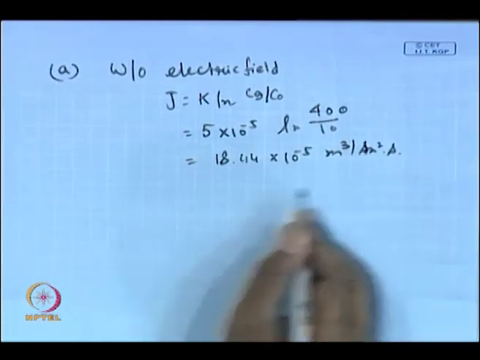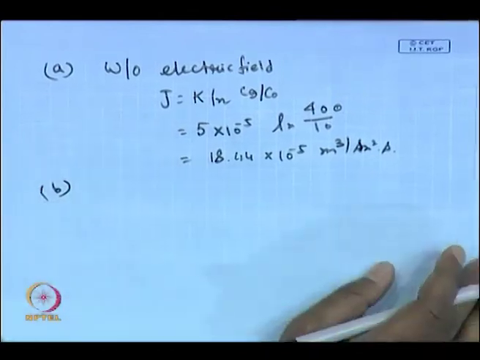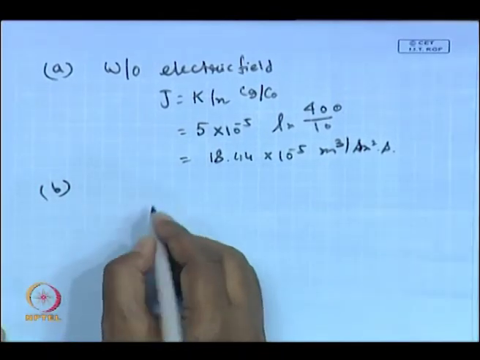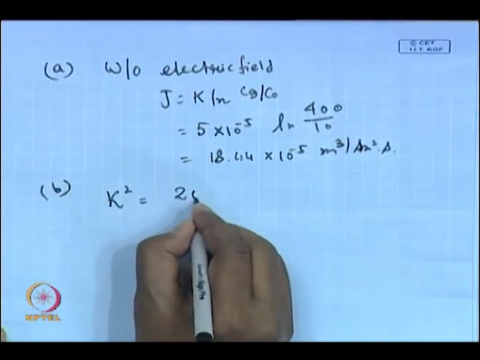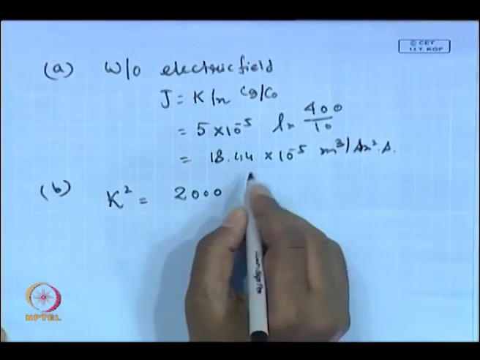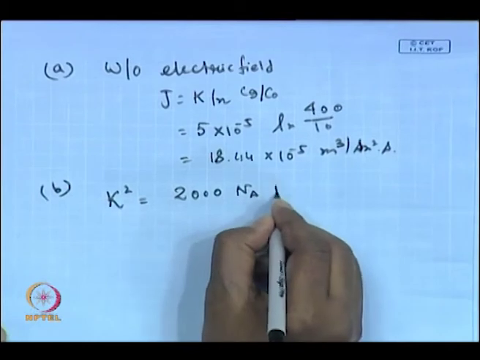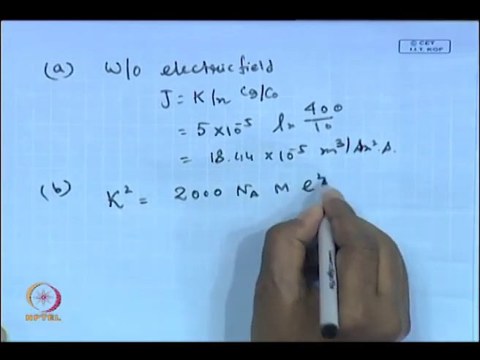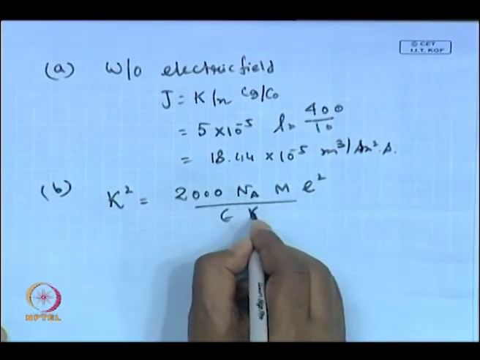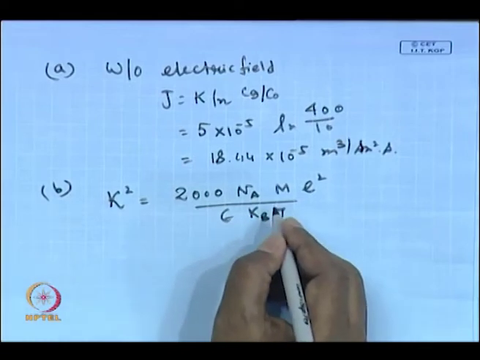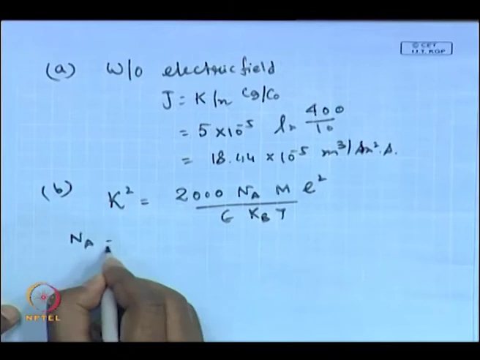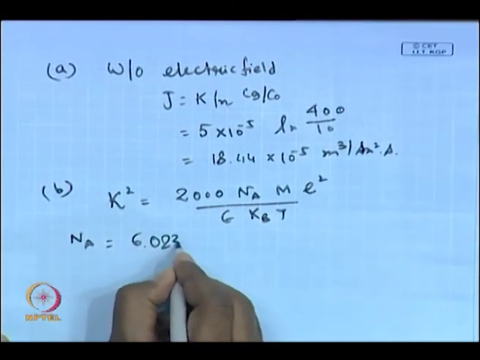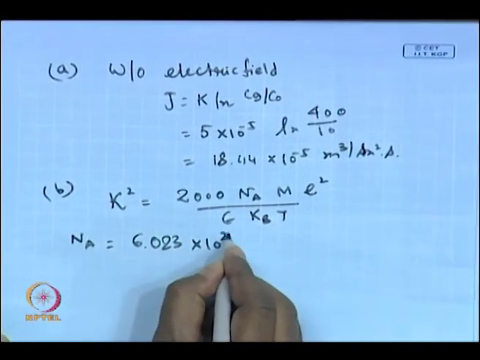Okay. And in the next case, when you are applying the external electric field, you calculate the value of d by length, that is kappa inverse. So, kappa square is 2000 times Avogadro number, molar concentration, e square, divided by epsilon kB T, and you know the values of all parameters. Avogadro number is 6.023 into 10 to the power 23.